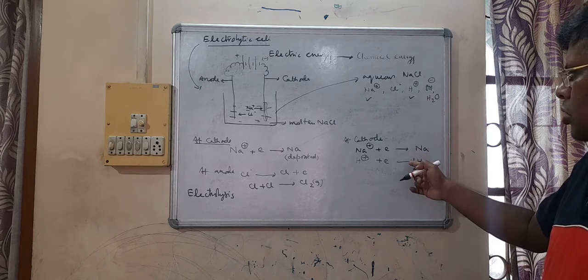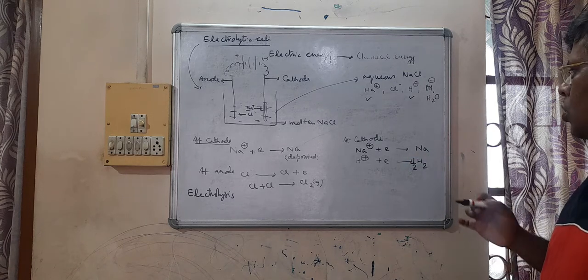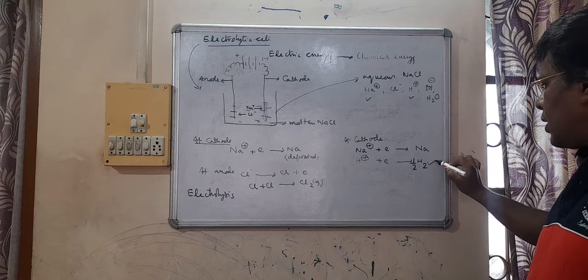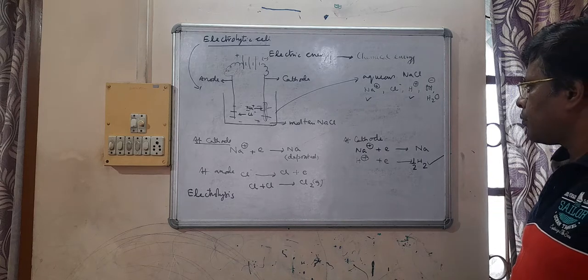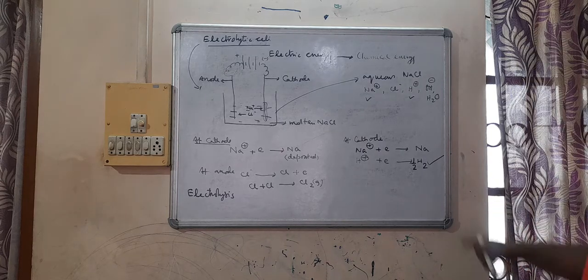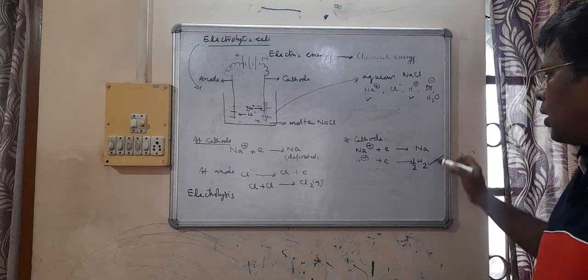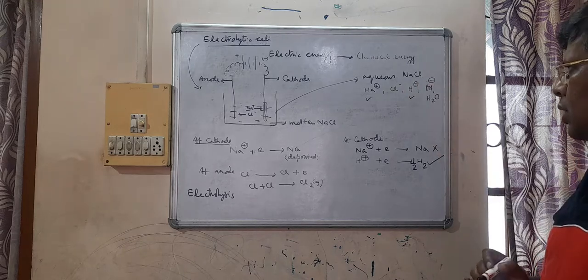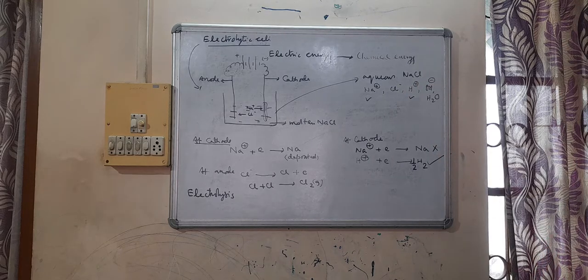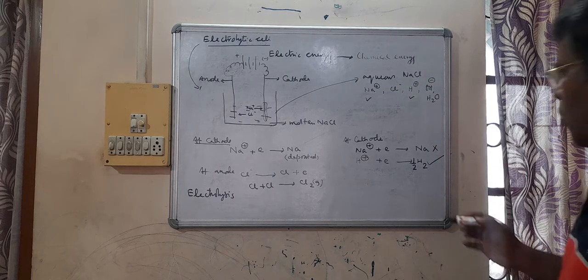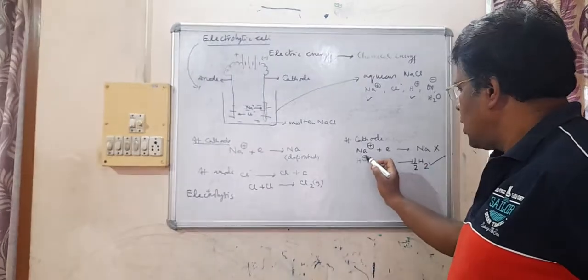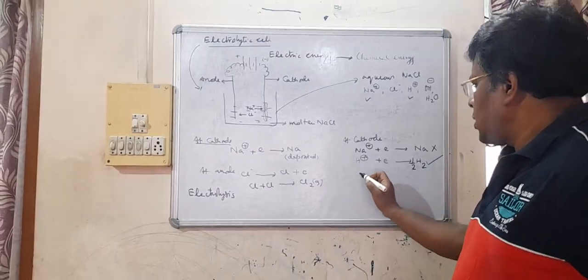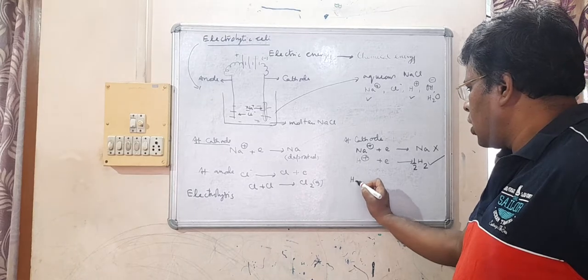So the reduction potential of hydrogen is much more, so it is the hydrogen reaction that is going to happen. The sodium reaction is not going to happen when we consider aqueous NaCl. Now one more thing: this H+ is actually obtained from water.